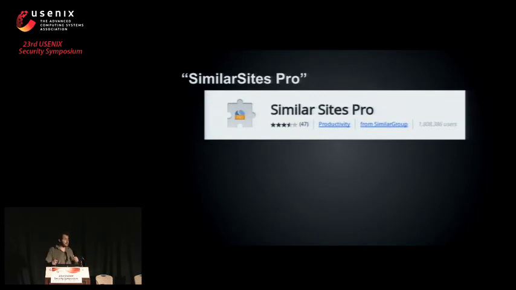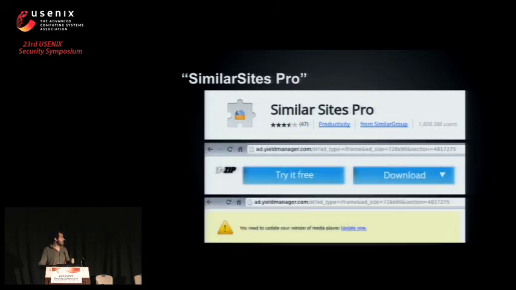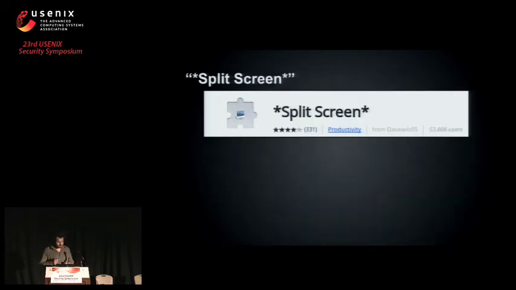But on the side, the extension was also looking into every page that you visit, and if it found iframes of specific size, which were obviously ad banners, it would actually swap them and put its own advertisements there. And if you notice, these advertisements are actually trying to convince the user to download something, to download more malware, which is really, really scary.